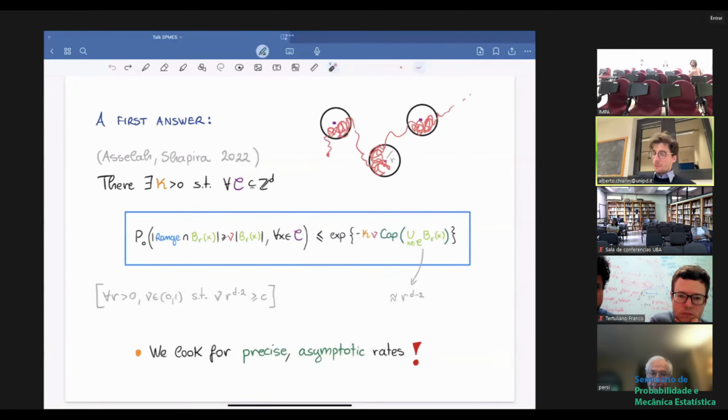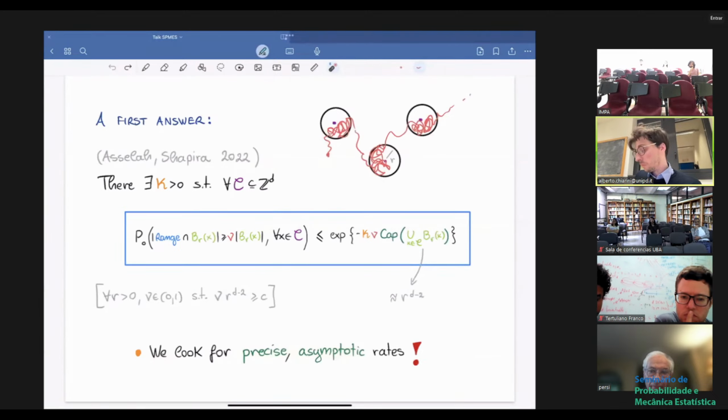A first answer for this question comes from Asselah and Shapira, 2022, and they look at the probability of covering many sets, many balls, with a positive fraction. And they show some quantitative estimate for this probability, that the range of the random walk covers a positive fraction of each one of these balls here.